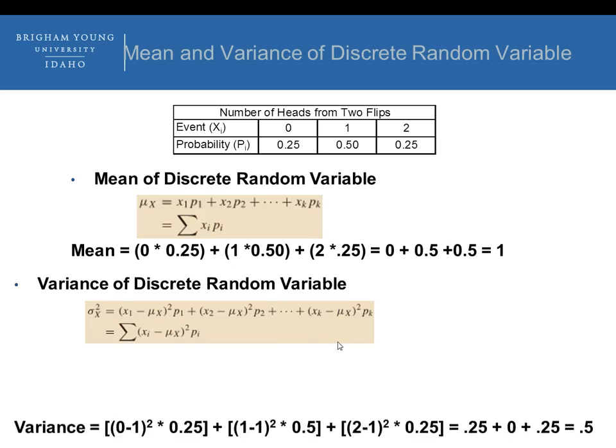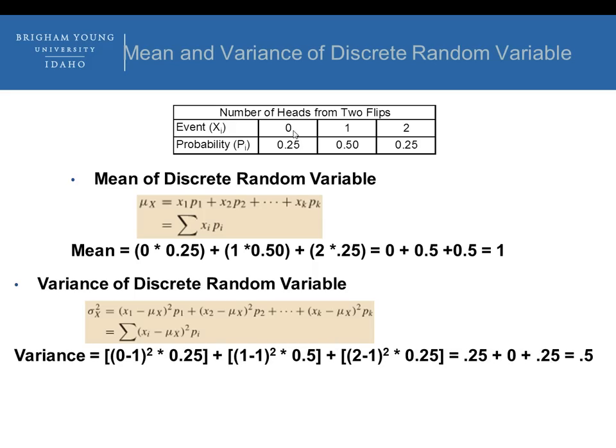Now here's an example of it, where we take the number of heads being 0 minus the mean being 1, take the difference of those two, square it, and multiply it by the probability. Then we add that to the number of heads being 1 minus the mean, squaring that and multiplying by the probability of 0.5.